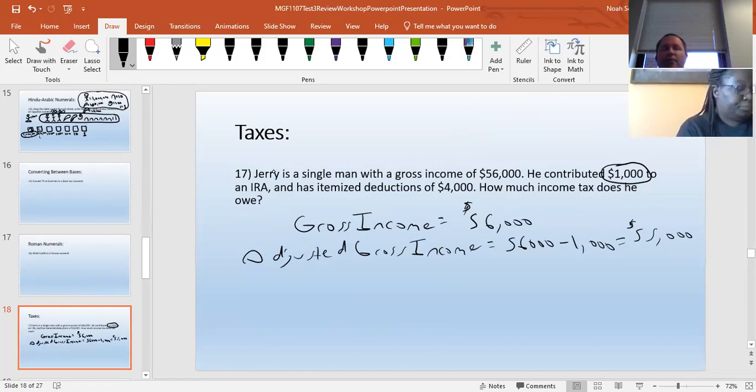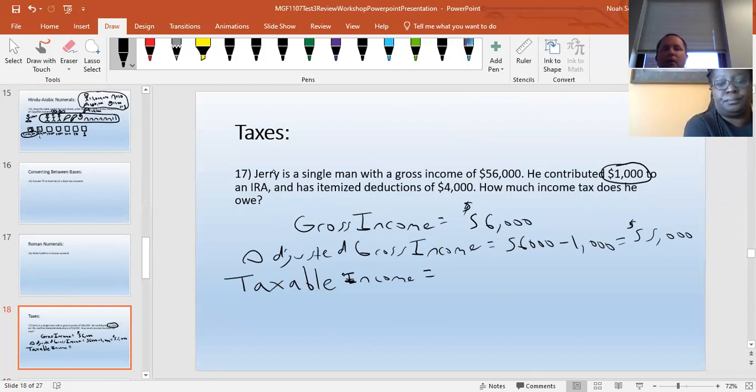Now to get the taxable income, that's how much you're going to use when you go to the tax table and start taking percentages for each tax bracket. The taxable income is basically going to be, you have to make the deductions.